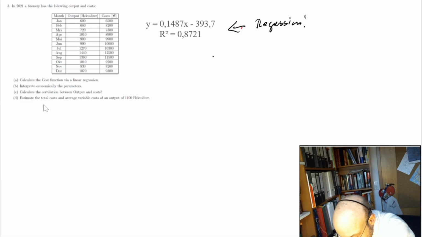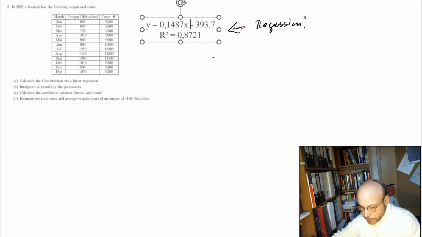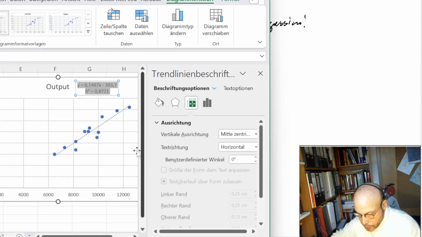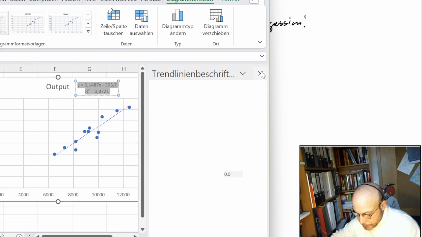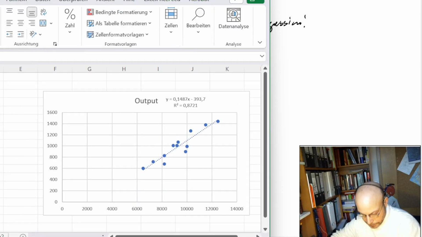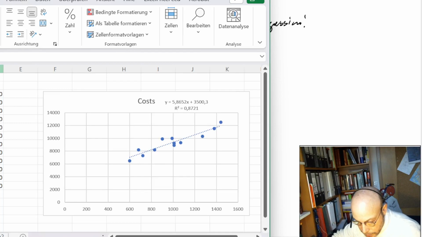And what should we do? Oh, sorry, we should do it the other way around. Costs depending on output, of course. So just a step back. So again, we do it the other way around.